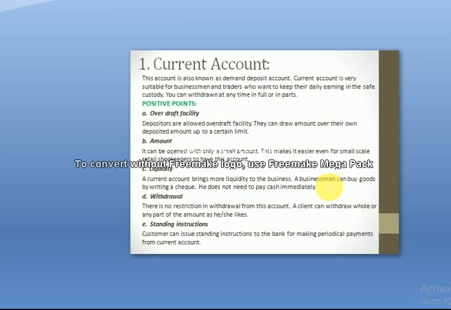Similarly, checks, pay orders, or demand drafts can be issued via current accounts for making direct payments to creditors. There is no need for immediate cash payments.